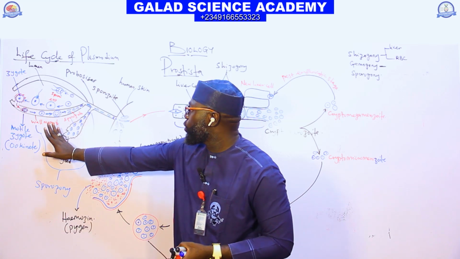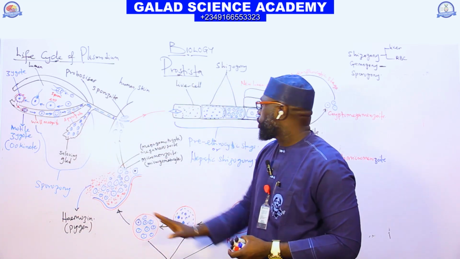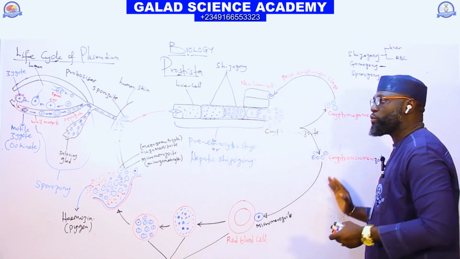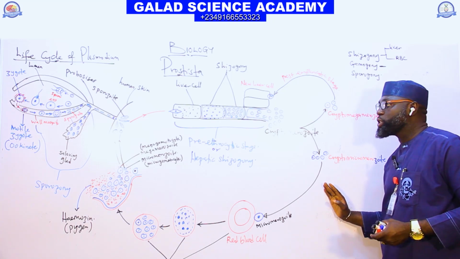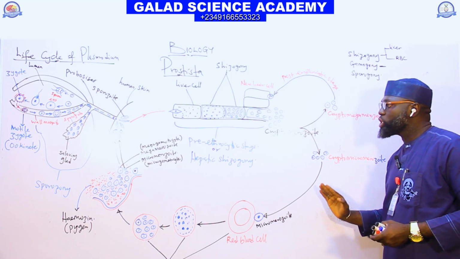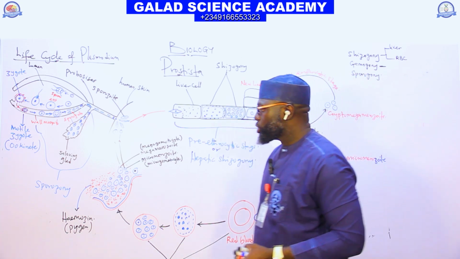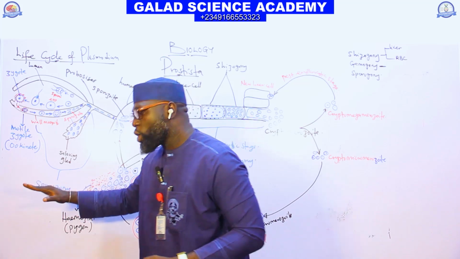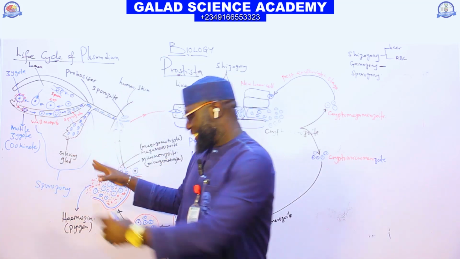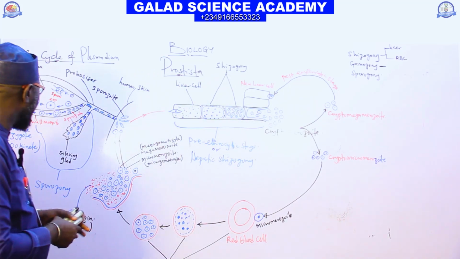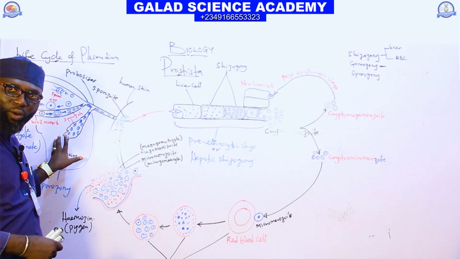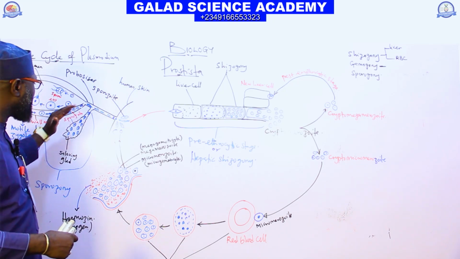So this is the life cycle of Plasmodium falciparum, which causes malaria. So you can see that this is the sporogony phase. The sporogony phase completely takes place in the mosquito wall and produces sporozoites.